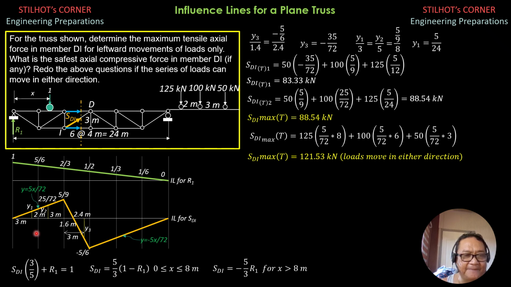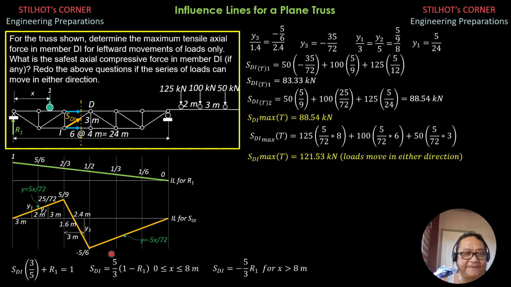Then for compression, definitely by experience or obviously from the figure, 125 should be in this position so that the compressive force would be maximum. So the safe axial compressive force in member DI should be the maximum, because if that is exceeded, it will fail.